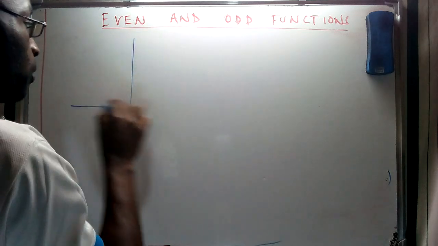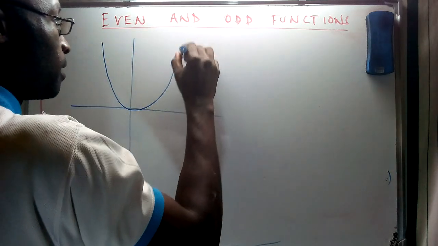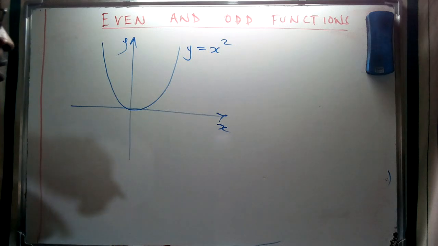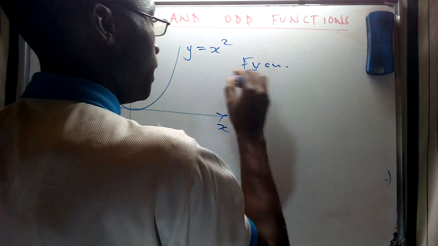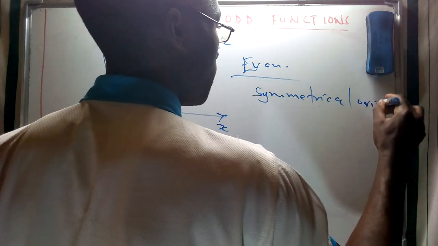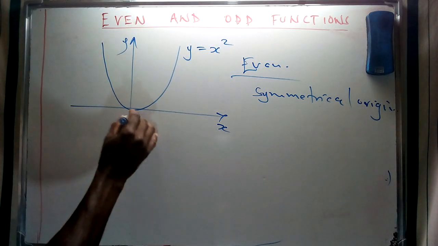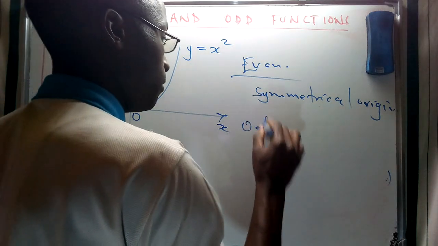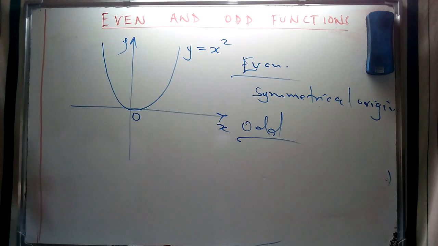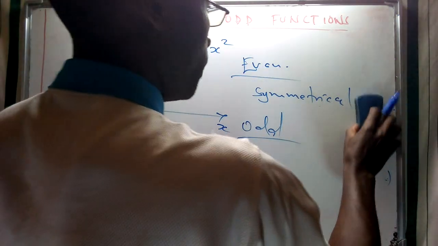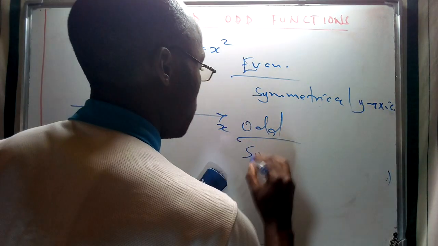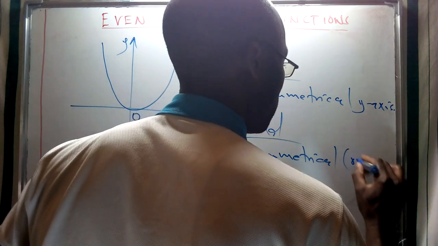If we give it in a graphical way, for even functions, for instance the graph of y = x squared, we see that they are symmetrical along the y-axis, while odd functions are symmetrical about the origin.